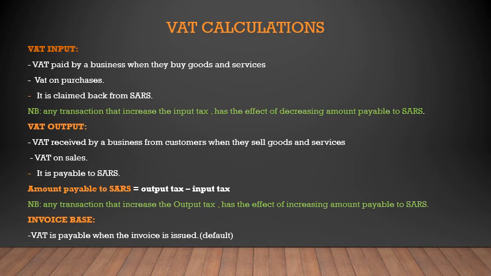Then the input will be claimed back. So the formula to calculate amount payable or receivable to SARS is equal to total output tax minus total input tax. Also, any transaction that increases output tax has the effect of increasing the amount to be paid over to SARS.